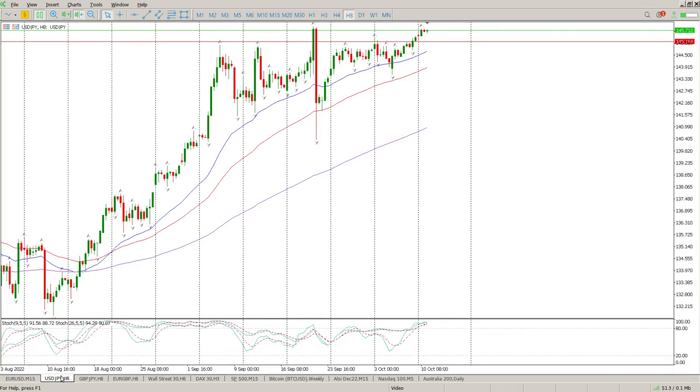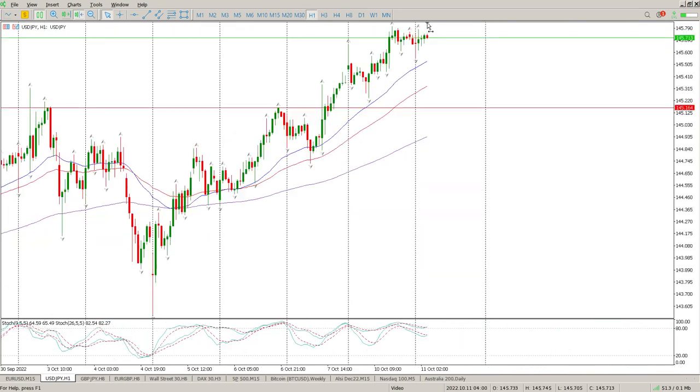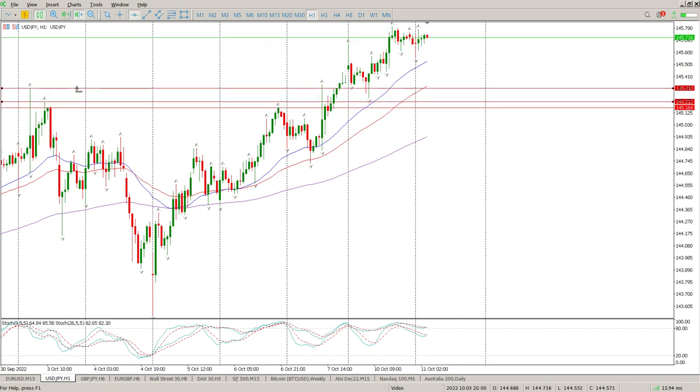Moving on to US dollar Japanese yen, pretty much the same picture here. We are meandering up, but look at my oscillators warning me that I should not be chasing longs at the moment. If we drop down to the 1 hour, same kind of view. We did get a pullback, but we missed the structure. We were looking at some decent structure yesterday for opportunities to buy into this, and basically what happened is we went for the further tails here.